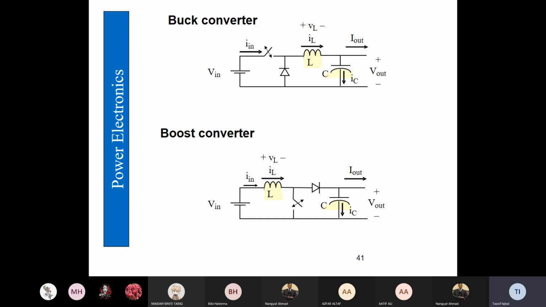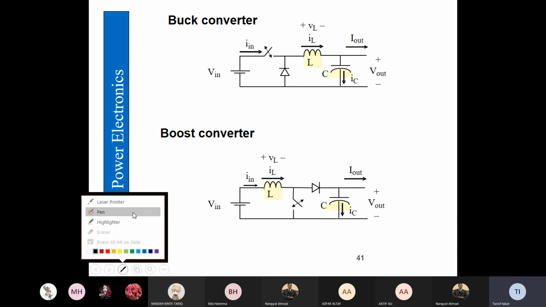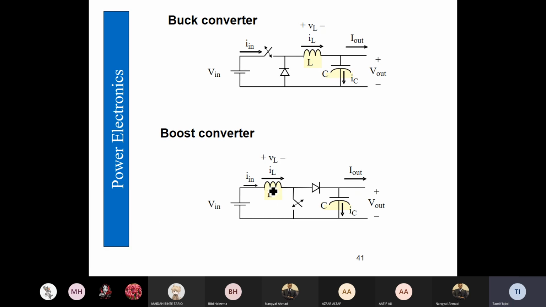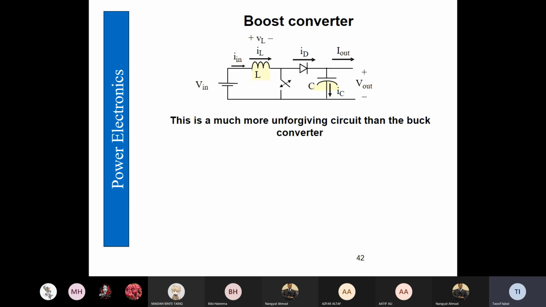So we just shuffle three basic components, that is switch, diode, and inductor. And we can see that capacitor is all the time connected in parallel with the load. So therefore, the location of capacitor is fixed, whereas for the other components, their location is going to change from one converter to another converter.